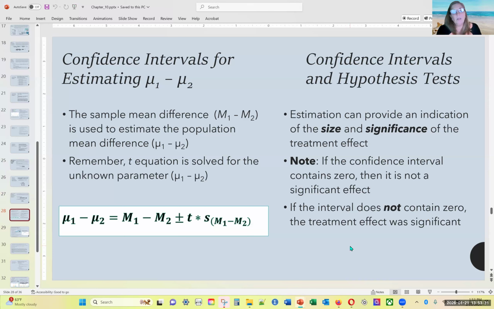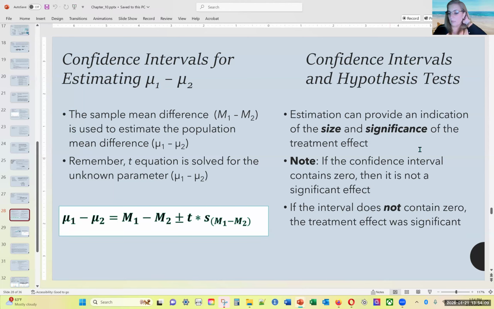Also, we can calculate confidence intervals for the independent samples t-test as well. And remember, confidence intervals are another way of evaluating effect size. Here, the sample mean difference between your two samples is used to estimate the population mean difference. And remember, the t equation is solved for the unknown parameters for the population, so it sort of zeroes itself out.